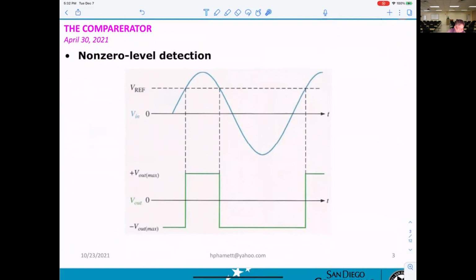At this point, from 0 up to here, V in is less than V reference, no matter what V in equals. In the sideways view, from here up to here, it is less than this reference. So the V out will go into negative saturation.